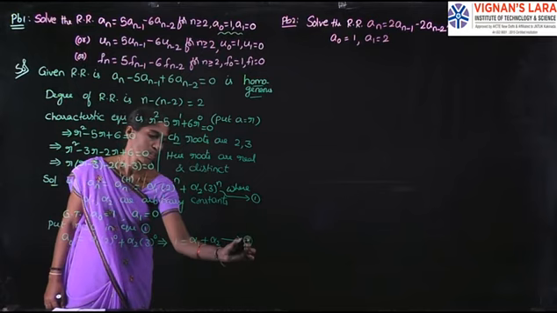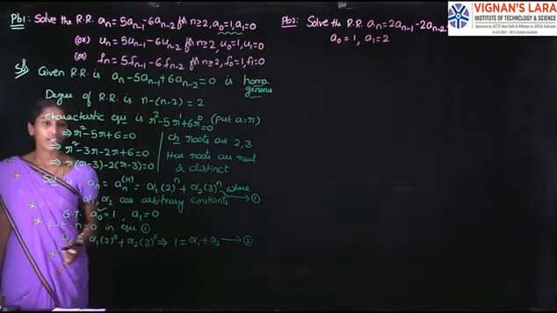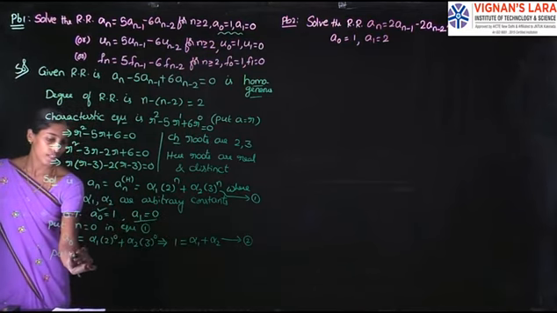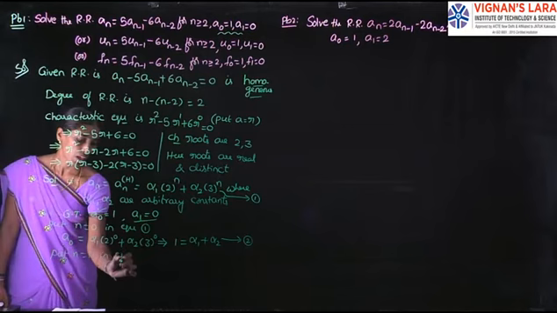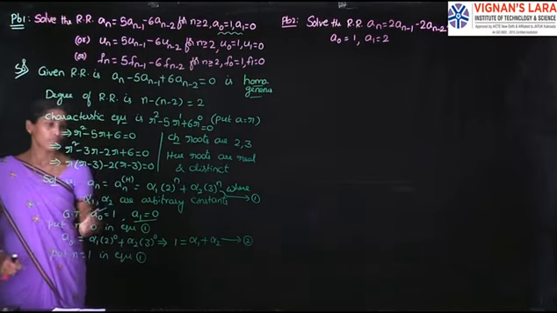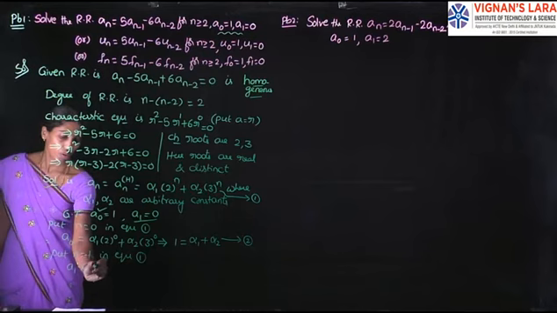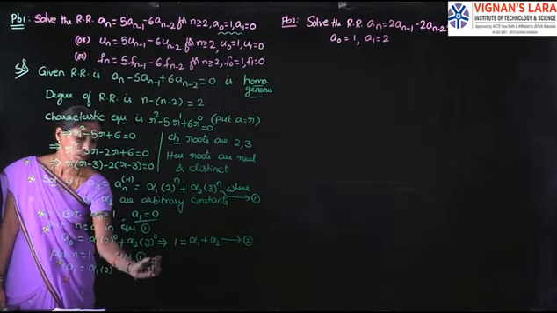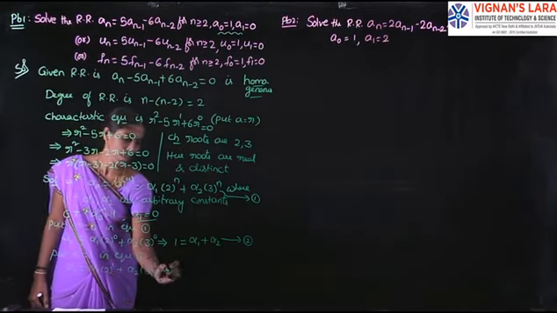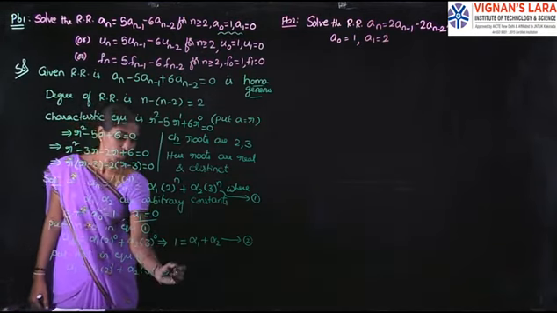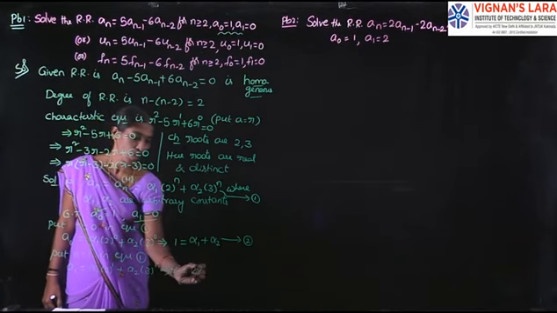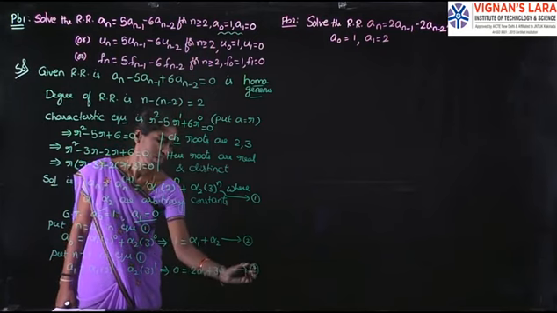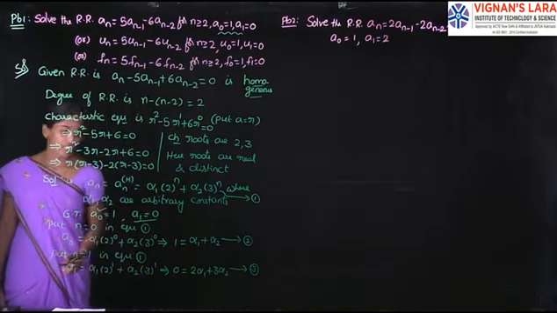It is equation 2. And one more initial condition is there, which is a1 is equal to 0. So now put n equal to 1 again in equation 1. So a1 is equal to alpha 1 2 power 1 plus alpha 2 3 power 1. Given that a1 is 0, 0 is equal to 2 alpha 1 plus 3 alpha 2. It is equation 3.